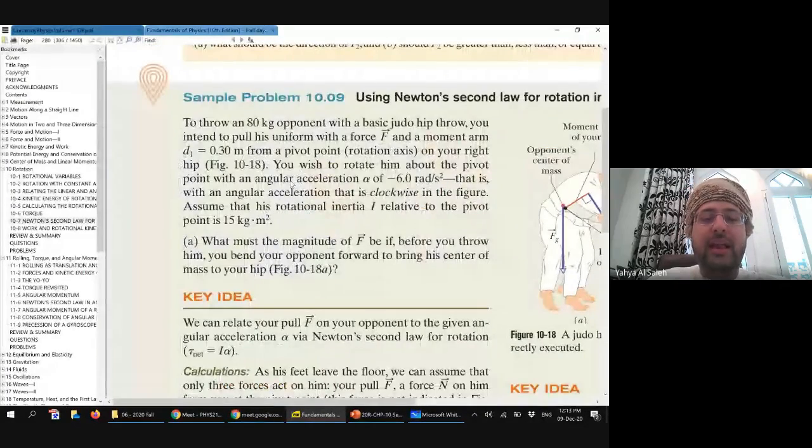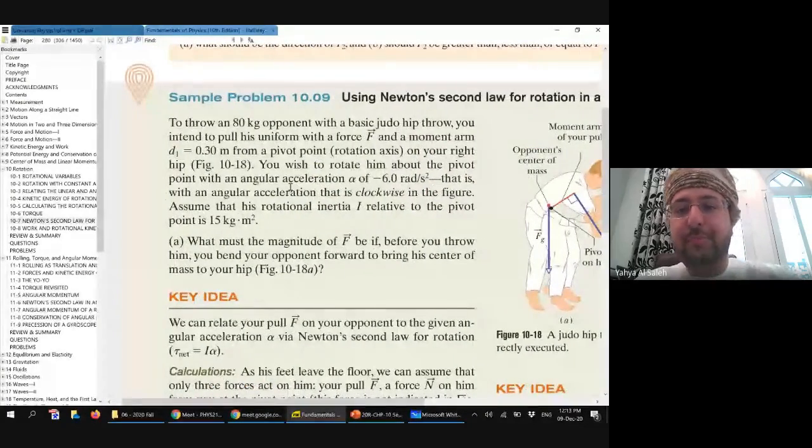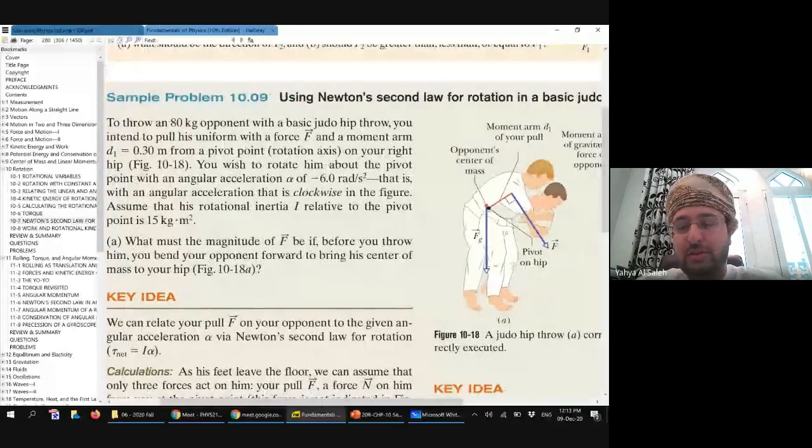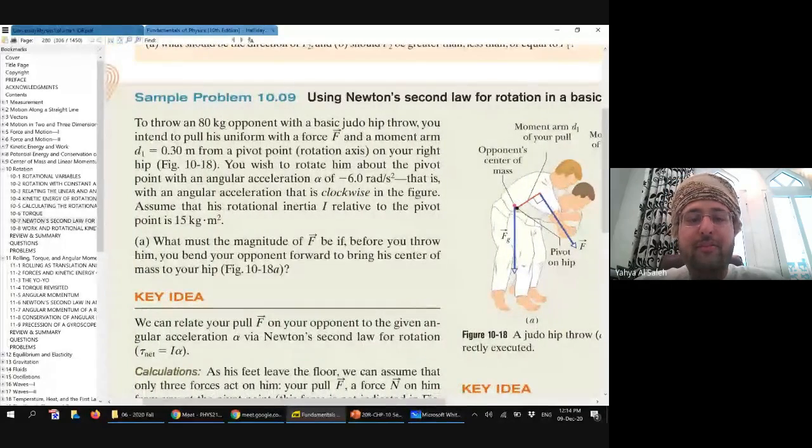Now, to throw an 80-kilogram opponent with a basic judo hip throw, you intend to pull his uniform, because that's what you're holding onto, the clothes, with a force F and a moment arm D1 equals 0.3 meters, from a pivot point on your right hip.